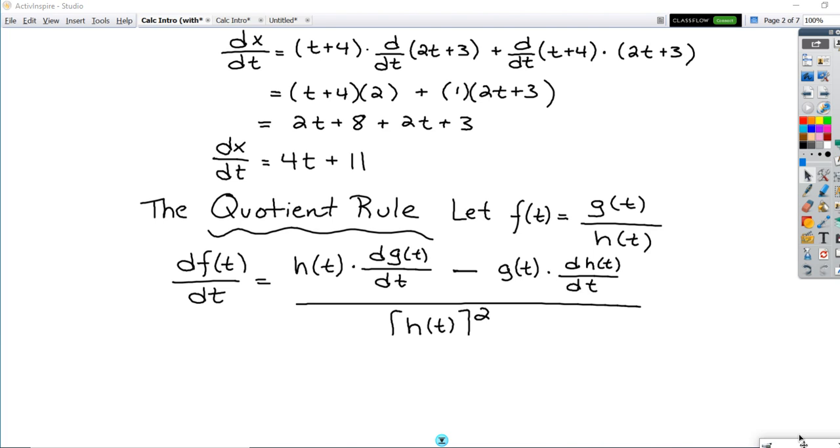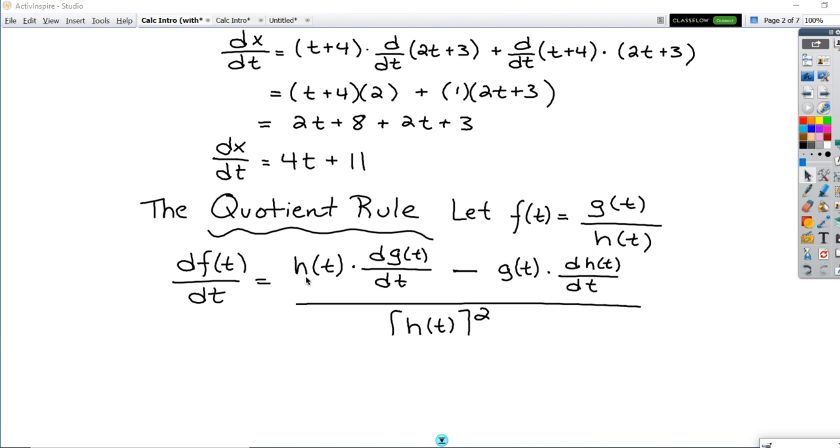Okay, it looks more intimidating, but it really isn't too bad. It's just a matter of the order of certain things that does make a difference. So I'm going to give you a little fun way to remember this. First of all, the quotient rule is a quotient as well, so there's a top and a bottom.